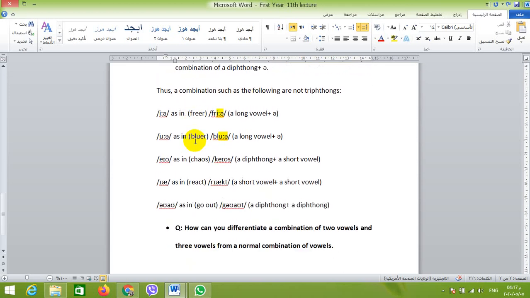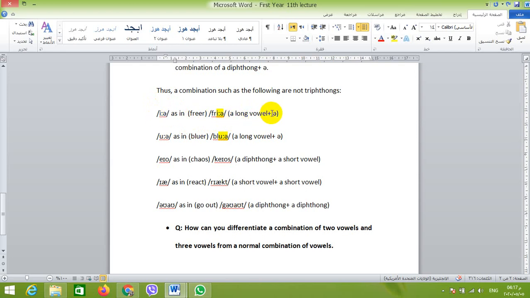Let's have some examples. Look at this combination in the word fria. So we have e plus schwa, fria. So here we don't have a diphthong, we don't have a triphthong. We have a combination of a long vowel e and schwa.